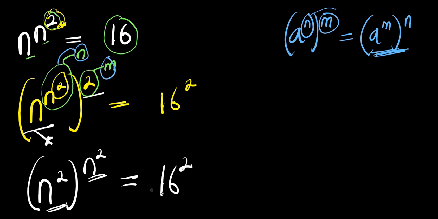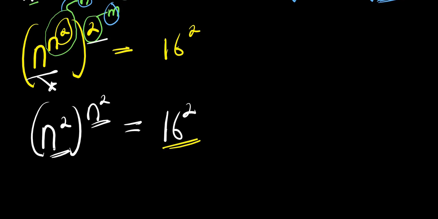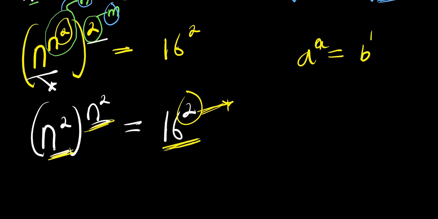For us to continue, we need to ensure that the base here and the exponent here are also the same, so that we can apply a to the power of a equals b to the power of b, meaning that a equals b. For us to apply this identity, this and this must be the same.